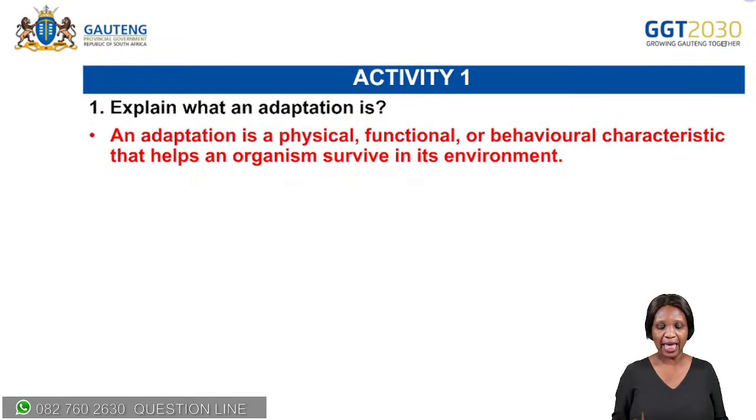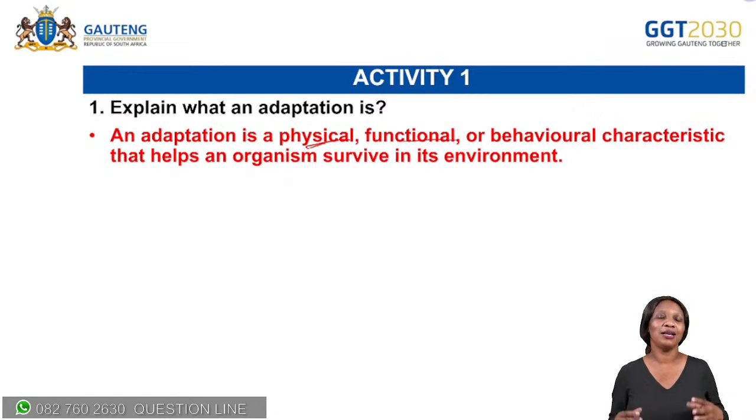Okay. And then an adaptation is physical, we're talking about the physique of an animal. For example, the camels, they've got strong muscles and they've got long legs. And then functional, we're now talking about the functional side of an animal. How do they function? All right.